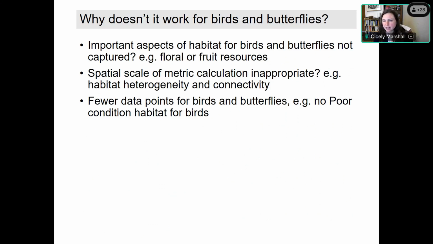The scale of metric calculation is important. It's less appropriate for taxa that have wider ranging individuals. We know that habitat heterogeneity and edge density are important predictors of biodiversity for mobile species, and that spatial patterning of habitats is really not captured by the metric at all well.